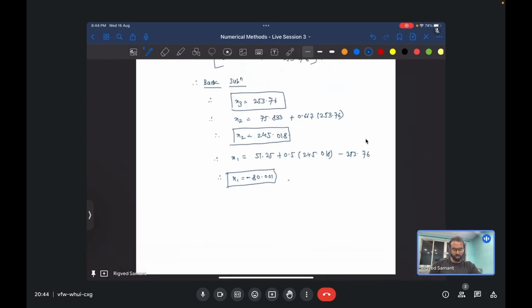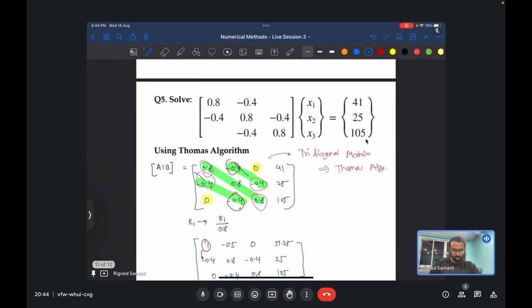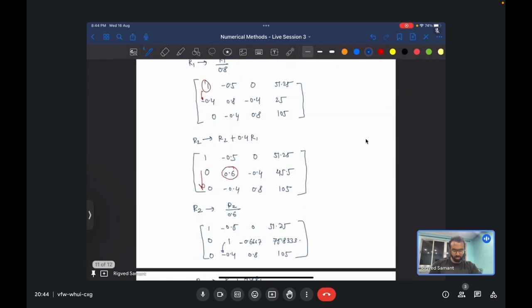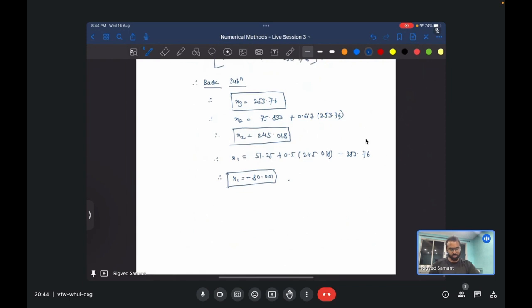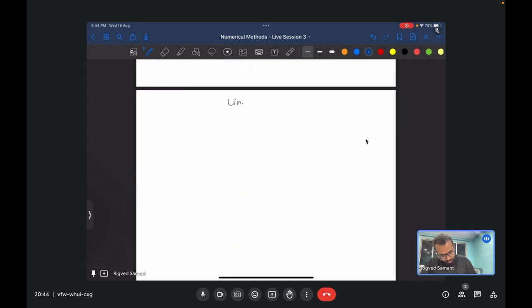So these are all I wanted to discuss for today. Maybe I'll just go through the recap if you want. We are completing linear algebra here. The topic we completed today is linear system of equations. First we started with the basics of linear algebra: addition, subtraction, and all those things.